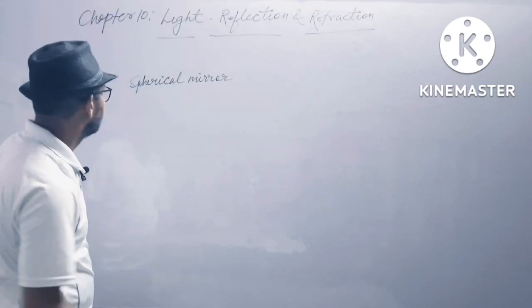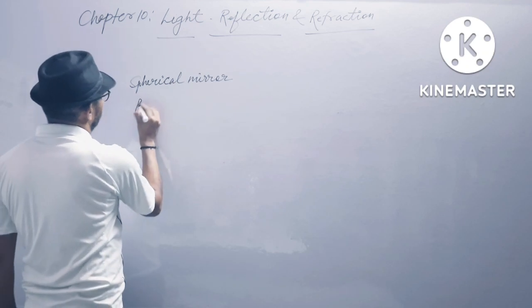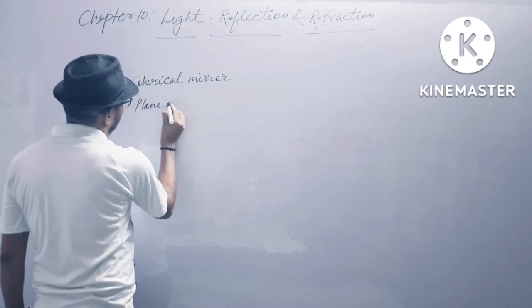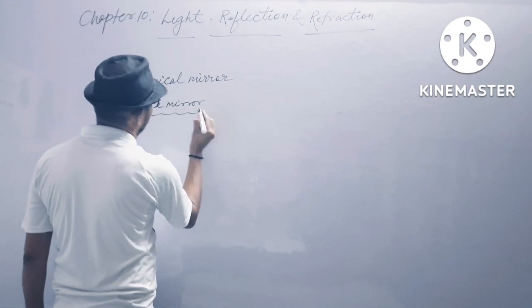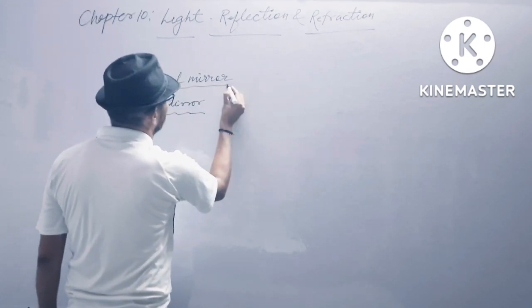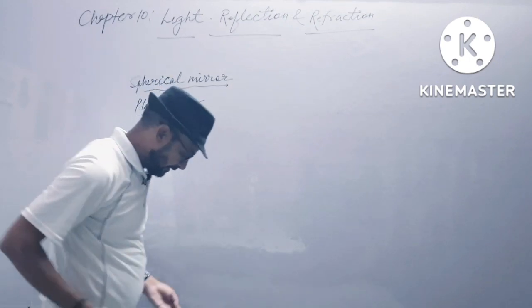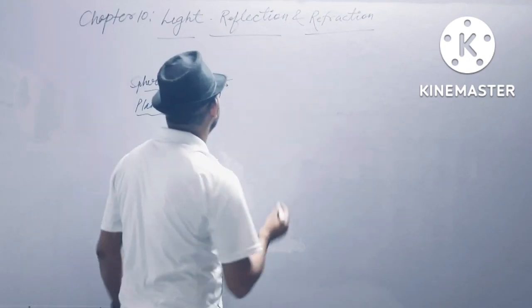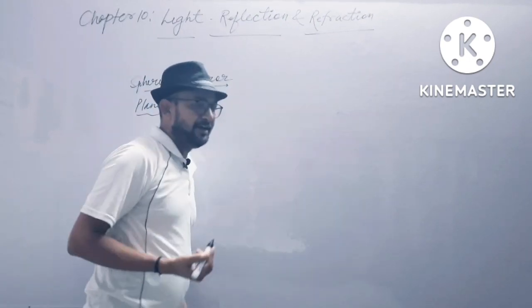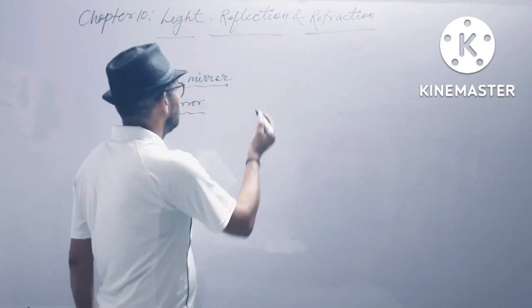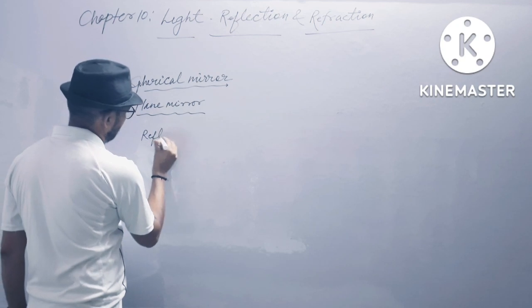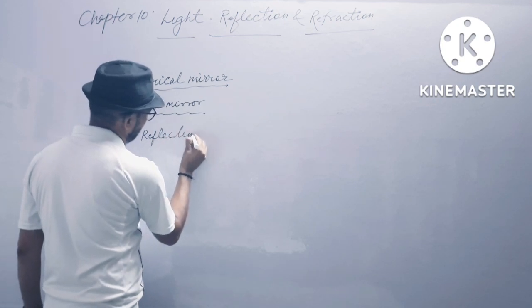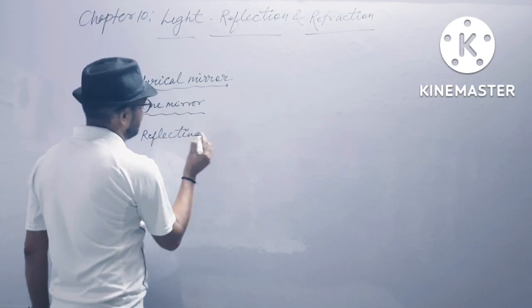Spherical mirror and plane mirror. In a spherical mirror you will see the reflecting area, the reflecting surface.